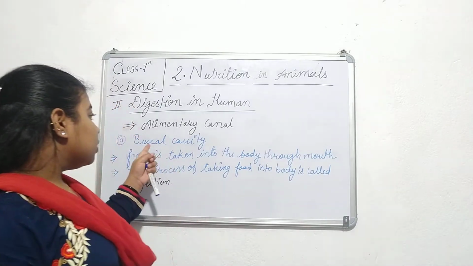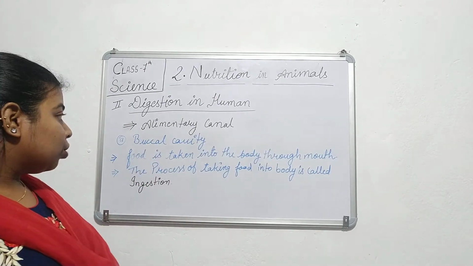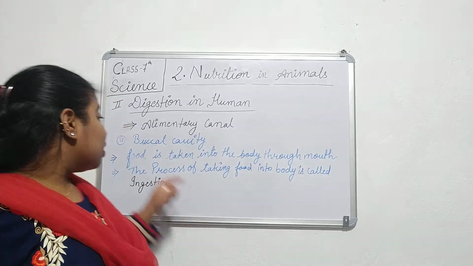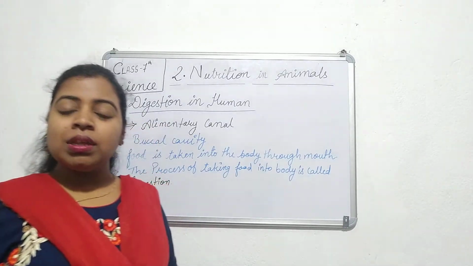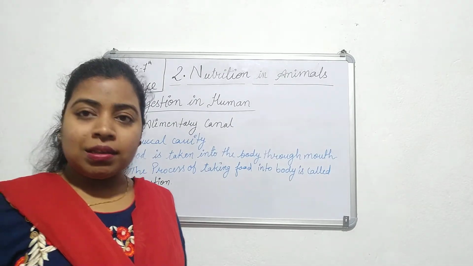Next up, the first point under the alimentary canal is the buccal cavity. The buccal cavity is our mouth. The food is taken into the body through our mouth, and the process of taking food into our body is called ingestion.